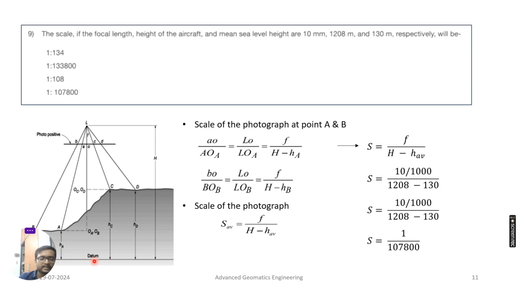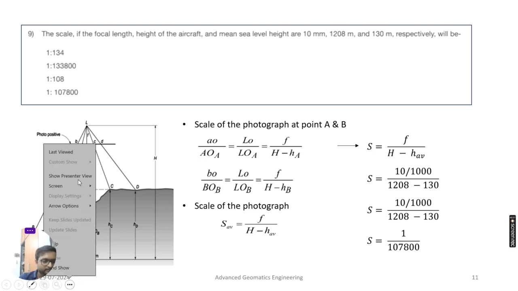Datum means a reference surface through which you find all your measurements. The total distance from the datum to your camera is H, capital H, and from the datum to point A is HA. So the vertical distance between A and L is H minus HA.